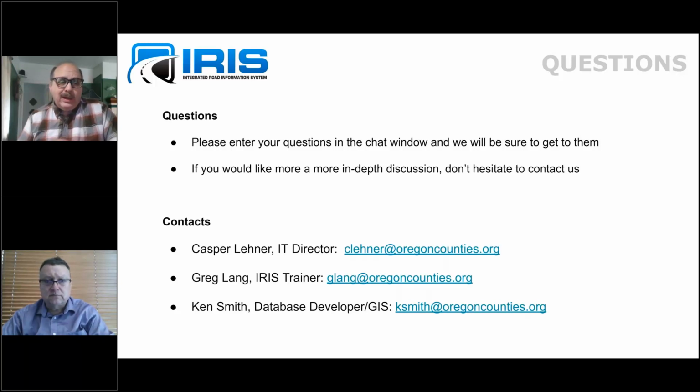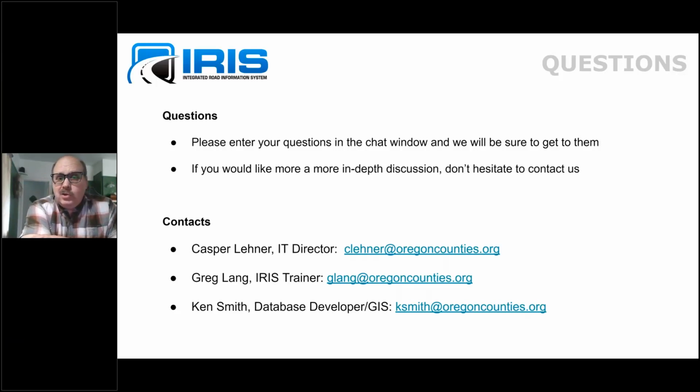Again, I guess just to kind of summarize then, as we wait for any other particular questions, is that GIS has been around for quite a while in IRIS. It's been utilized by some counties, typically counties that have GIS staff that make that happen.